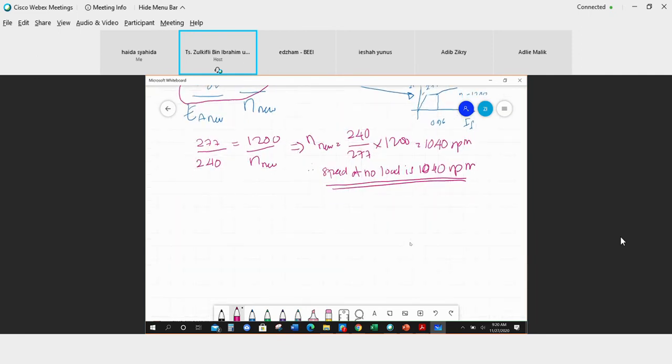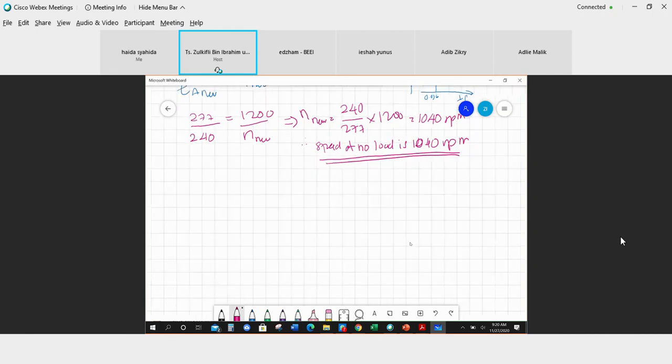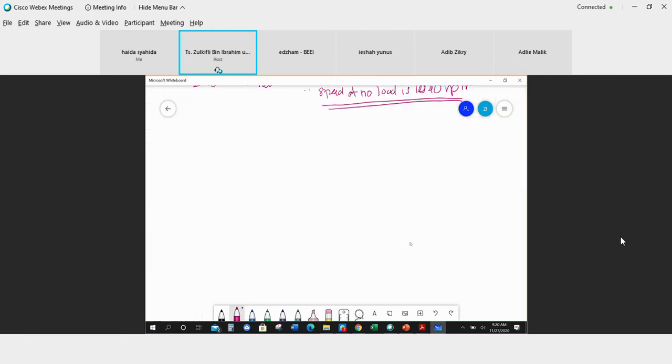Okay, number 2. Number 2 asks, assuming no armature reaction, what is the speed of the motor at full load? What is the speed regulation?